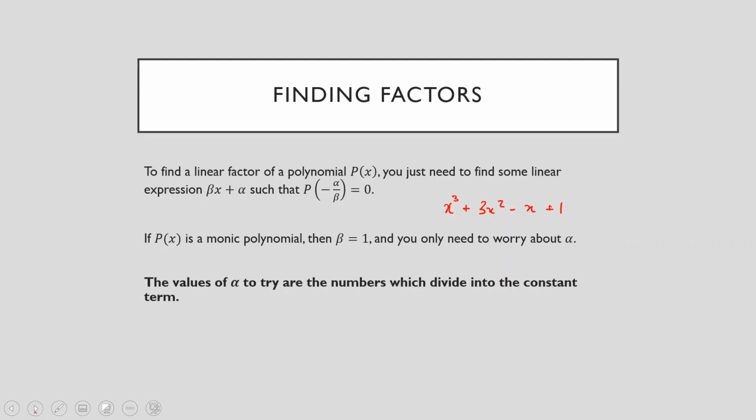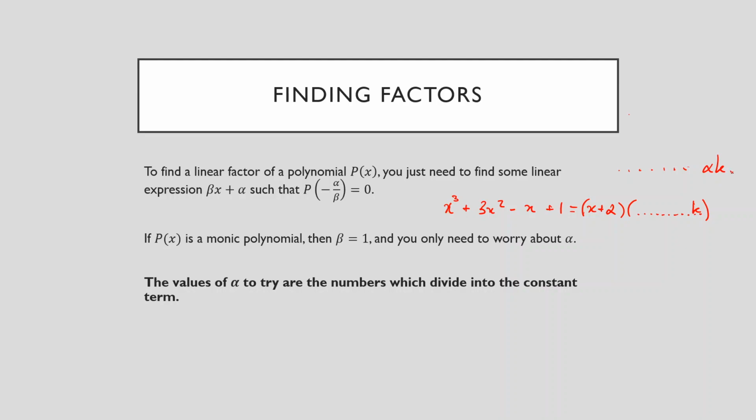Now, which values of alpha do we try and use to find this linear factor? Well, if you think about it, our linear factor is going to be of the form x plus alpha times something, something, something. Eventually at the end of this other thing that you've got to multiply, you'll have some other number. Let's just call it k for now. If you do your whole expansion, multiply all of this out, you'll end up getting, somewhere at the end, alpha times k.